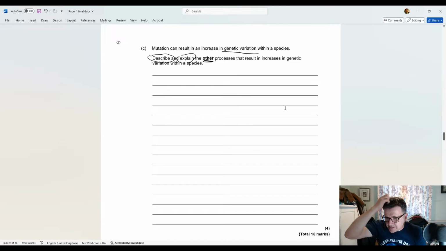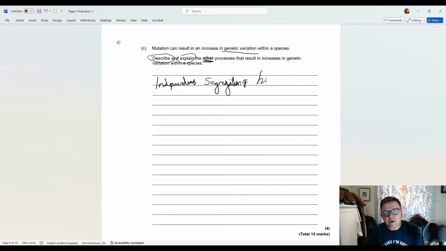I'm going to talk about this one. The first thing is you get independent segregation of homologous chromosomes. Homologous meaning a pair of chromosomes.